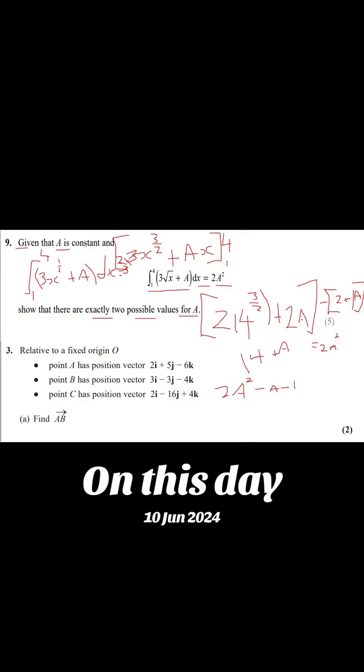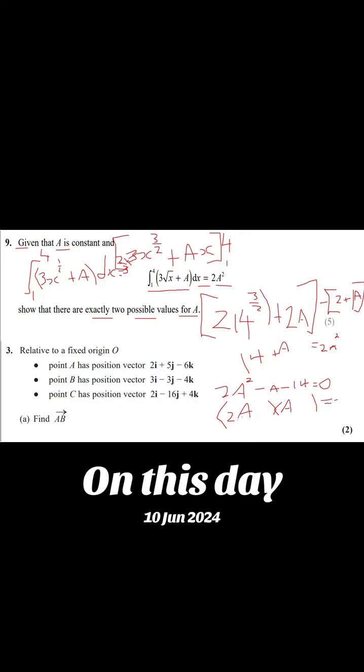Factorize using your calculator or use the formula, either way is going to be fine. I'm going to try to factorize it and do the trial and error method. So we're going to have 2a and then a. We want 2 numbers that add to make minus 1 and times to make minus 14, and one of them is being doubled.